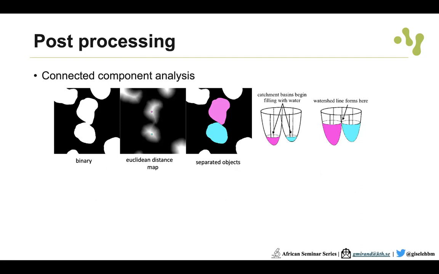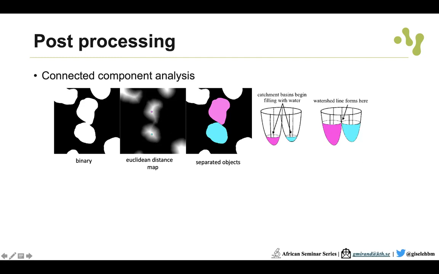Another thing that can be done as post-processing is, often we have this situation where we have touching objects, and in fact we want separated objects. Here's an example of the watershed transform. There are different types of watershed transform, for gray level images and binary images. Here we are using the one based on the Euclidean distance map.